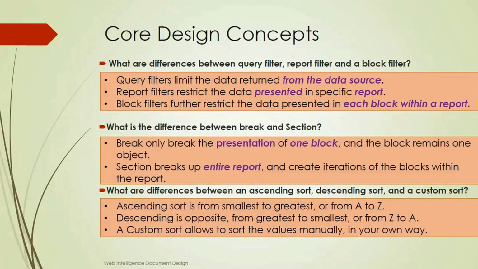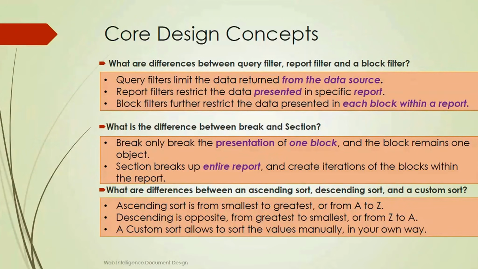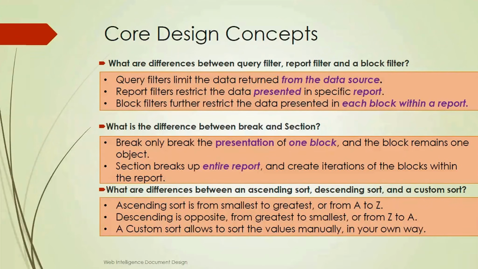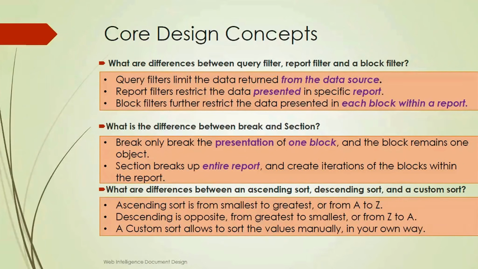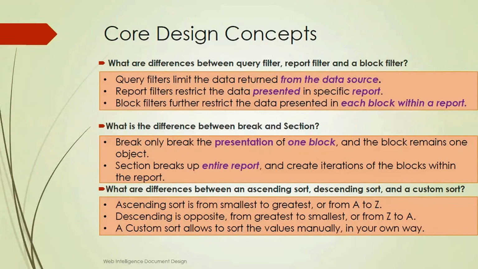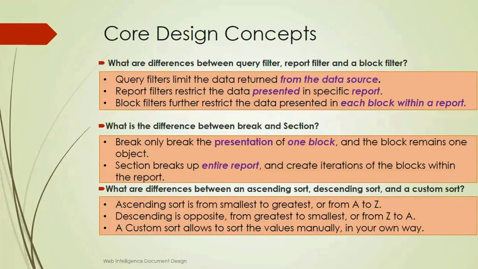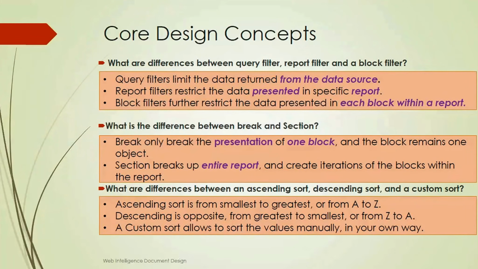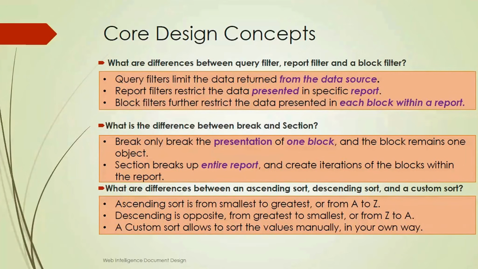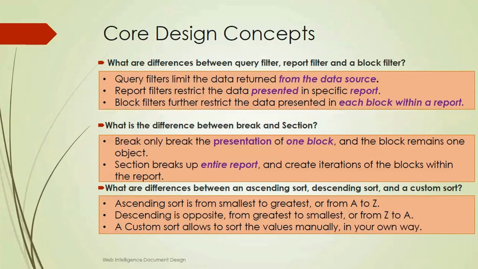The difference between query and report filters is that a query filter restricts the data when it is being fetched from the database, while report filters are applied after we have fetched the data from the query, when we are displaying it on the report. Block filters further restrict the data presented in each block within a report. So block filters restrict the data to a particular block in a report.